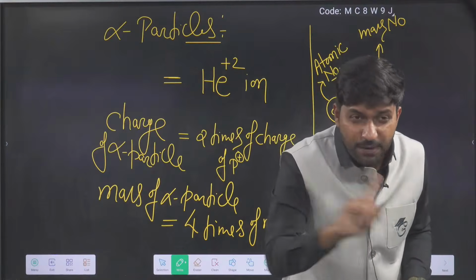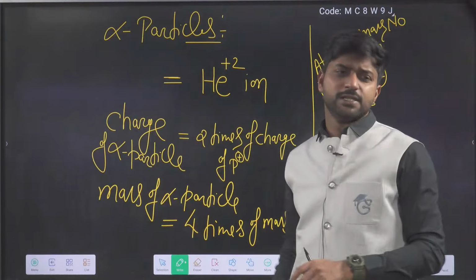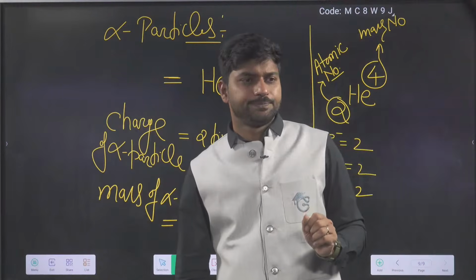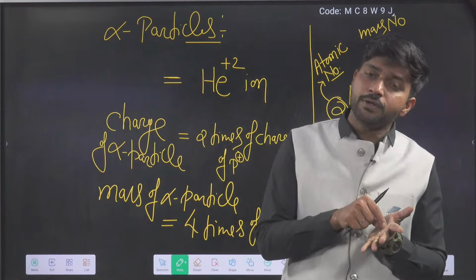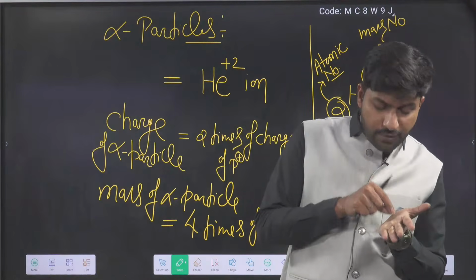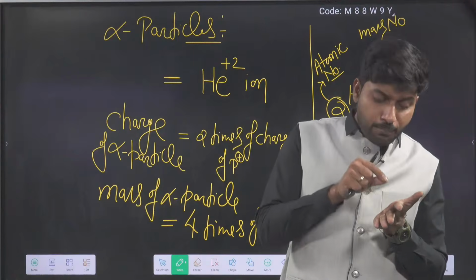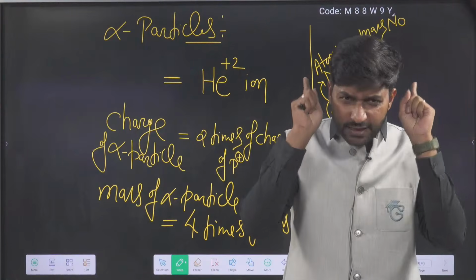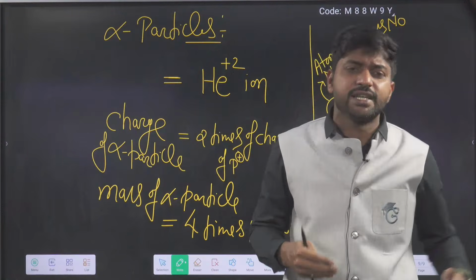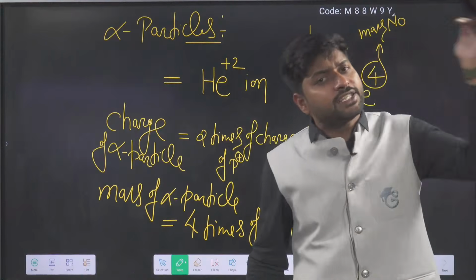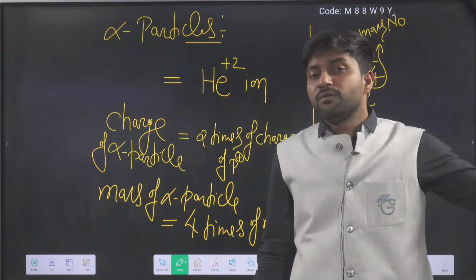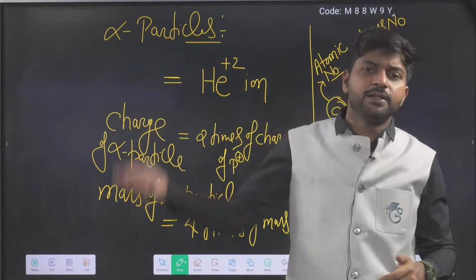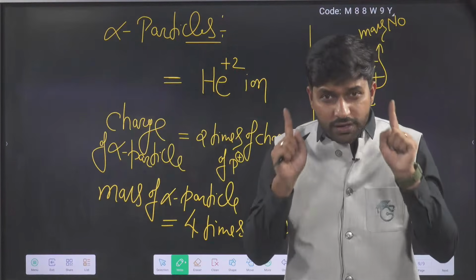Don't say H plus ion. Anode rays are formed with the positive ions of the gas. Say this because the gas will change. You say H plus ion when H2 gas, hydrogen gas, is there. But what will you say when helium gas is available? Then He plus 2 ion. So don't say H plus ion.